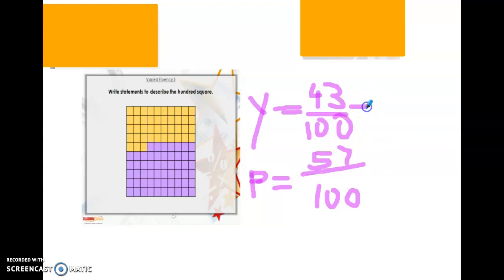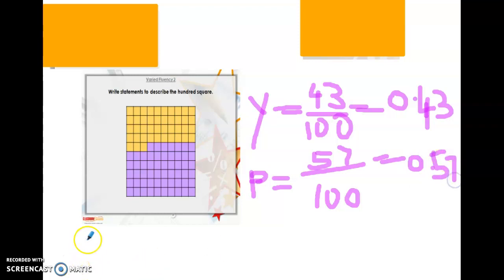If we represent these numbers as a decimal number, we can write it as a number sentence like this.